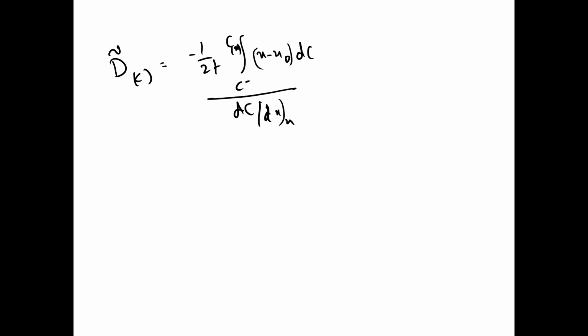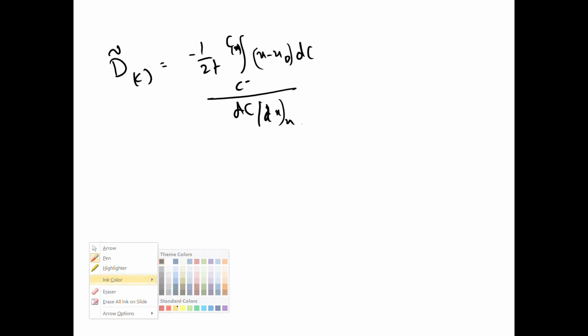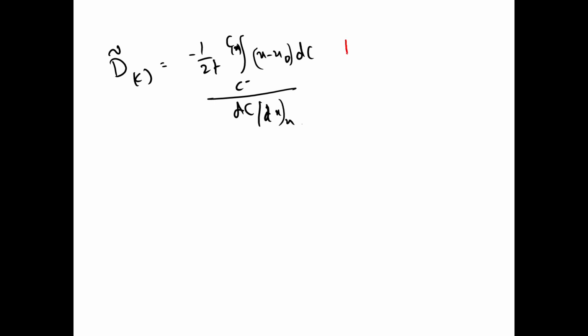Okay, so first, let us understand how we will be determining this one. We'll change the color. So according to this, this is the Matano plane, x naught.